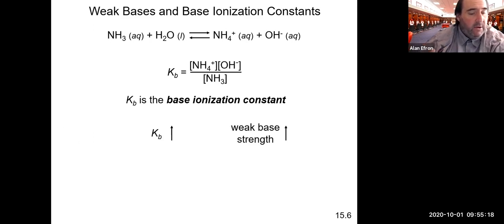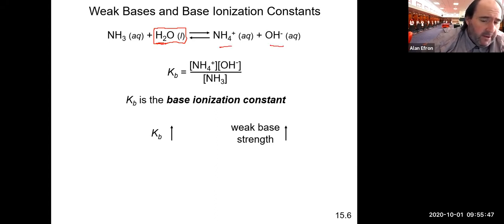And much like our weak acids, we write our equilibrium expression based off of our equation. As I mentioned before, a lot of times it's a good idea to include the water in the base reactions, especially the weak base reactions, because a lot of times people really struggle to figure out what's going on on this side.